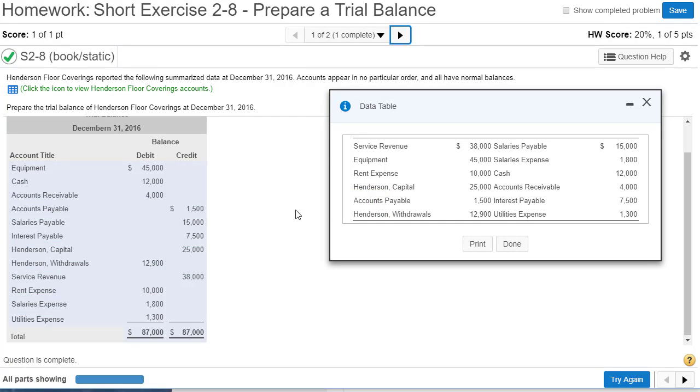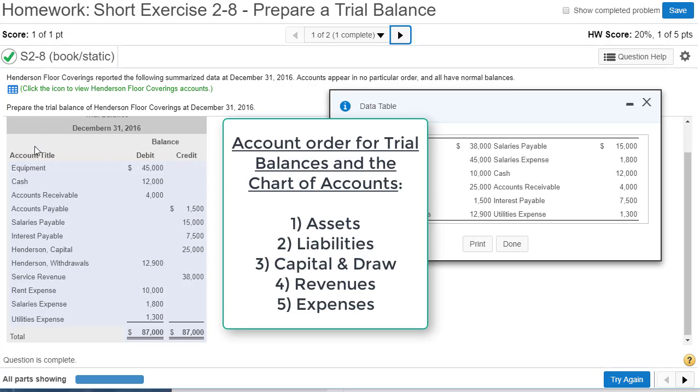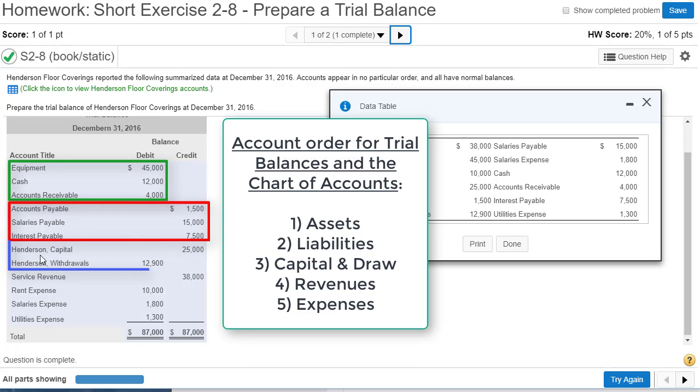Now I showed you the proper order for the chart of accounts and for the trial balance: assets, then liabilities, and then capital with its corresponding draw account, which is traditionally considered equity, and then revenues, and then expenses.